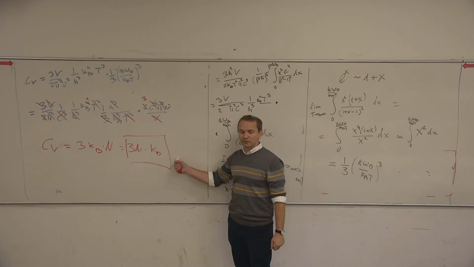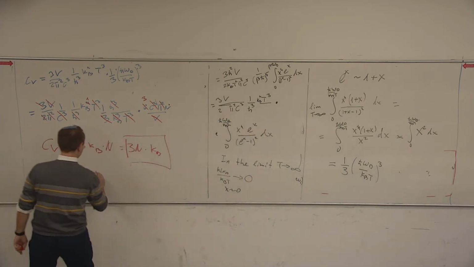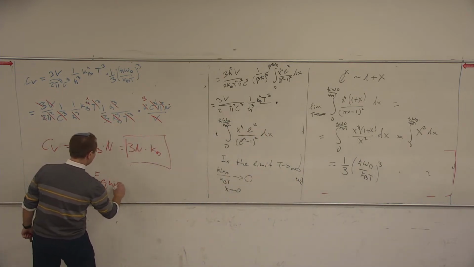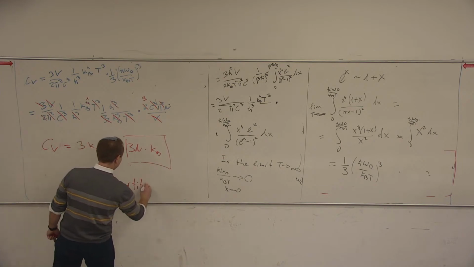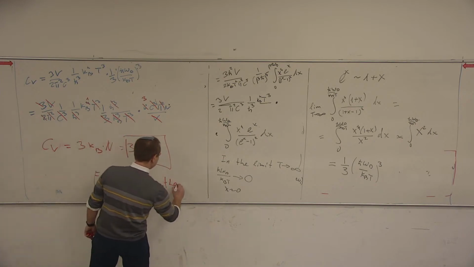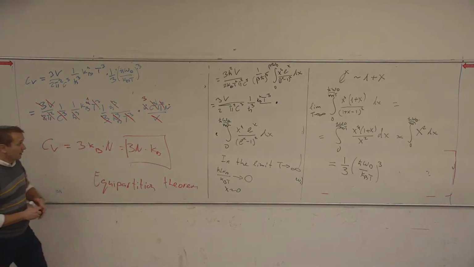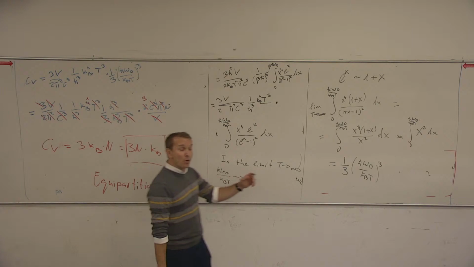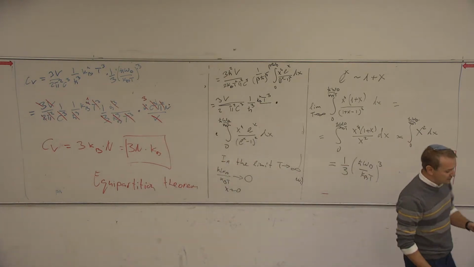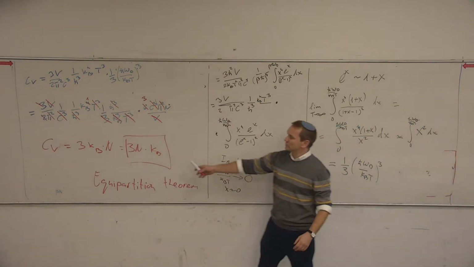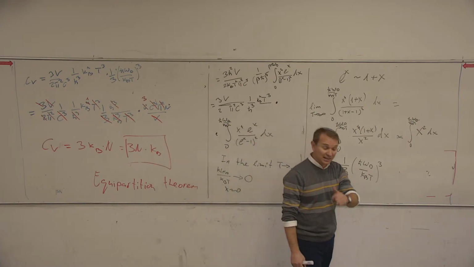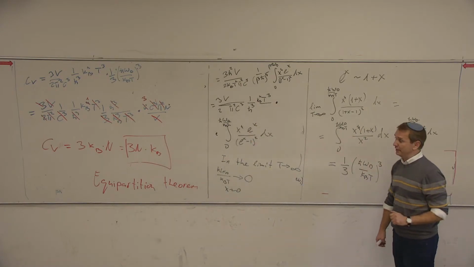This is an outcome of something that we call the equipartition theorem. We'll learn about it on Sunday. But any model dealing with a real-life physical system should give this result, and we will see why, in the limit when the temperatures are high enough.